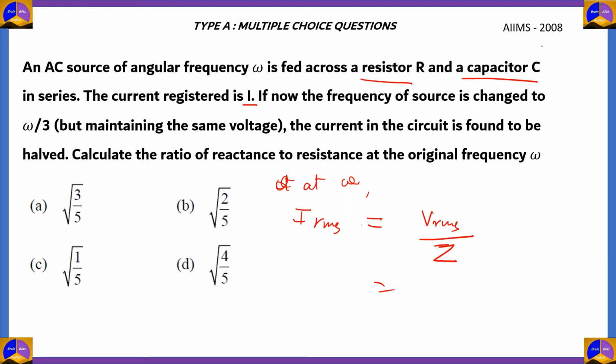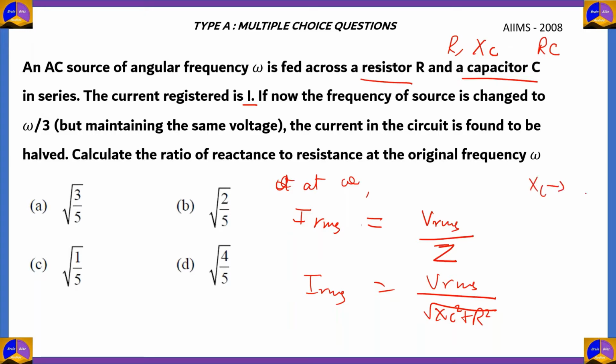For an RC circuit, there will be a resistance and a capacitive reactance, also known as XC. The formula for impedance will be the root of XC the whole square plus R square. So the value of IRMS is equal to VRMS divided by the root of XC square plus R square. Now, what is the value of XC, or capacitive reactance?